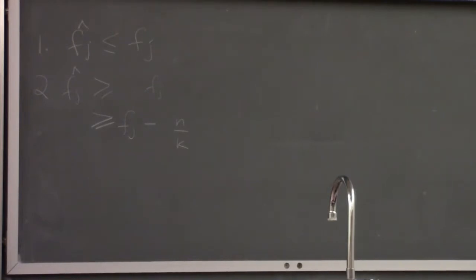So the argument is that every new update will either increment one of these things, or if it misses all of them, will cause a decrement, right? And you can't decrement everything. So of the m possible updates that will happen, only m over k of them will affect any one of these things.